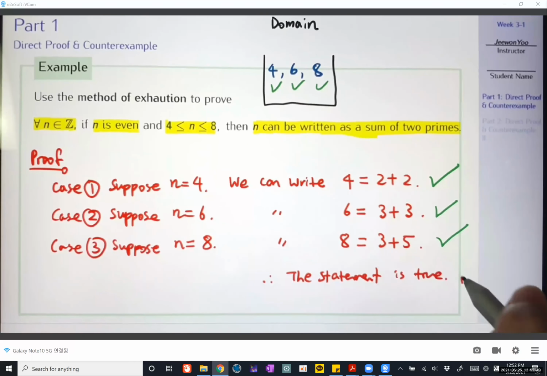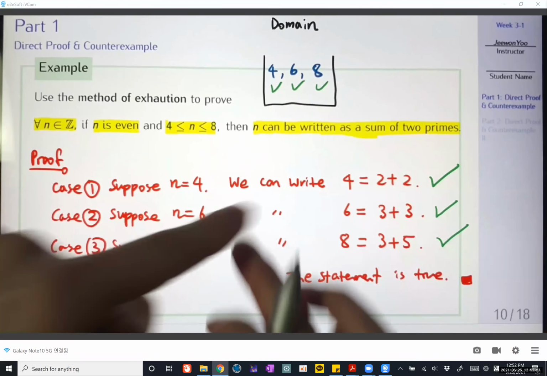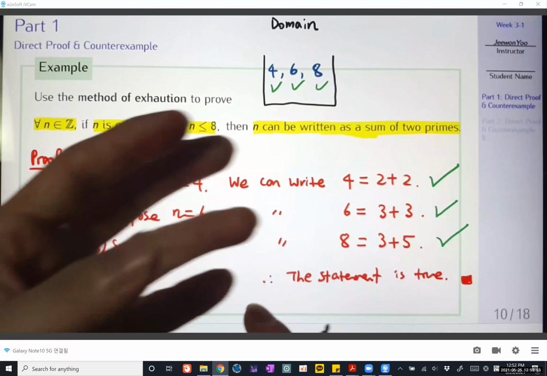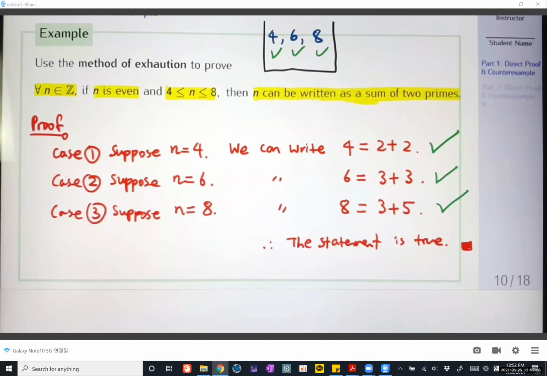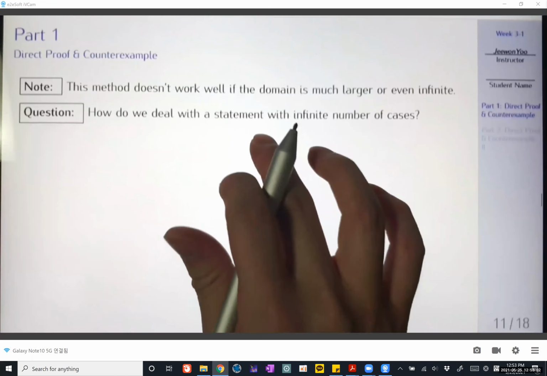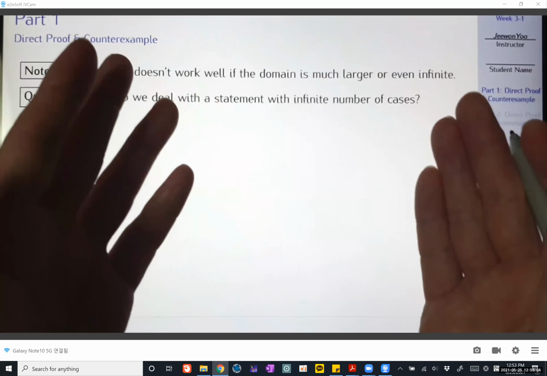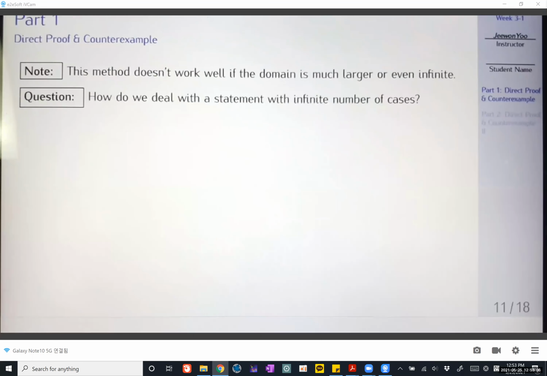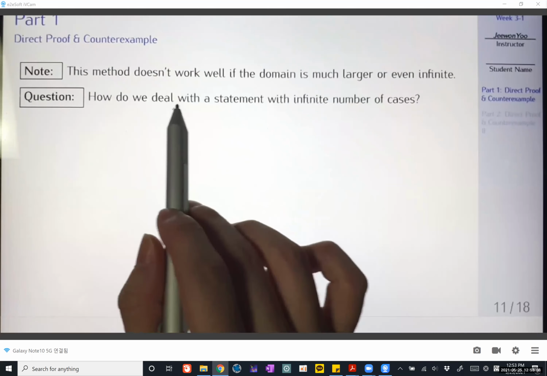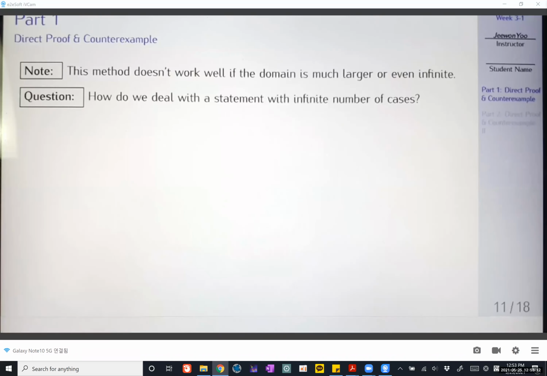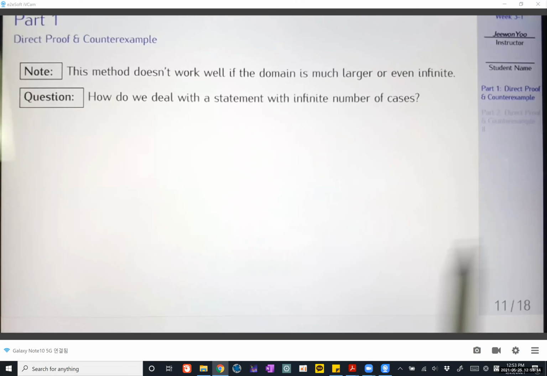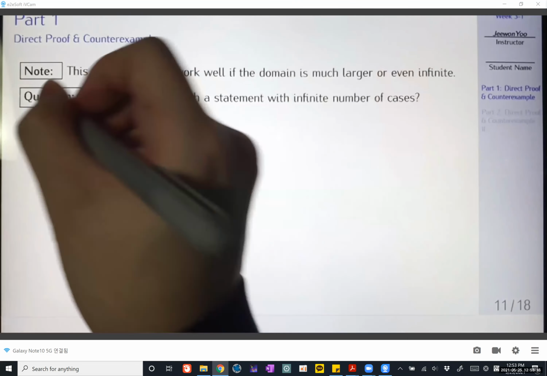Okay, everyone, this is one way to prove a universal statement. The next question is, what if our domain looks ugly, like we have infinitely many elements in the domain? How do we deal with a statement with an infinite number of cases?